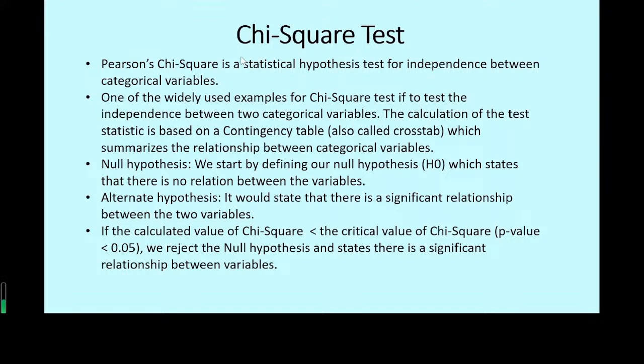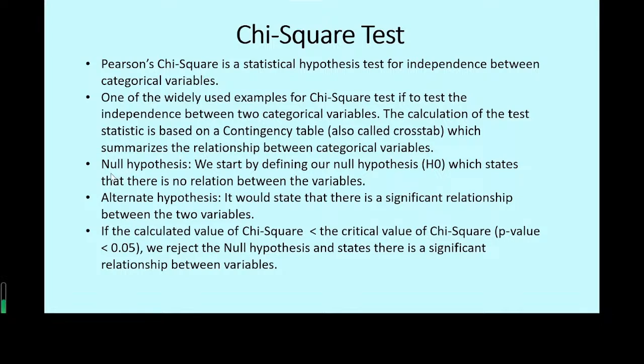The chi-square test, also called Pearson's chi-square test, is a statistical hypothesis test for independence between categorical variables. One of the widely used examples of the chi-square test is testing independence between two categorical variables. The calculation of the test statistic is based on a contingency table, also called a cross-tab, which summarizes the relationship between categorical variables.